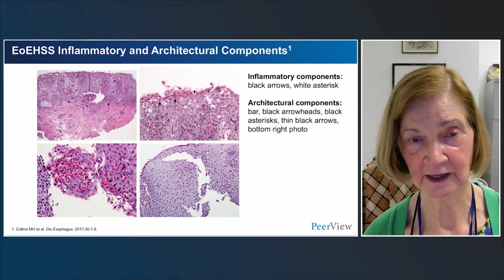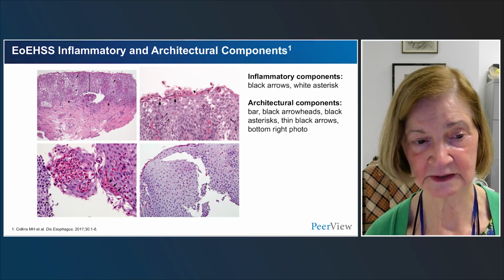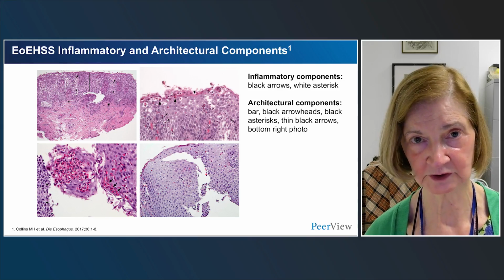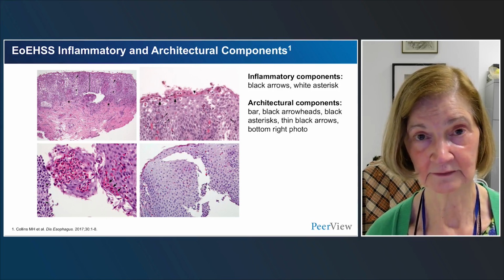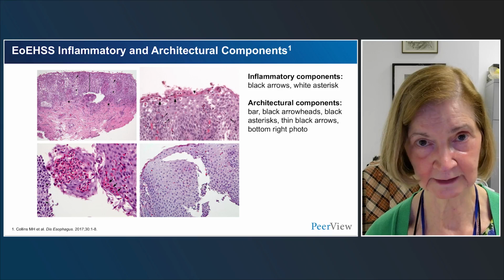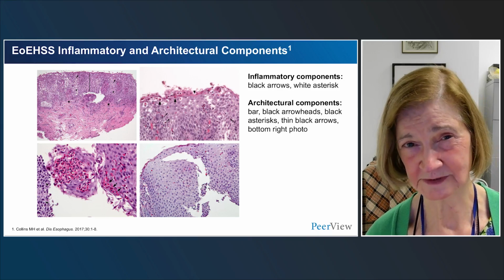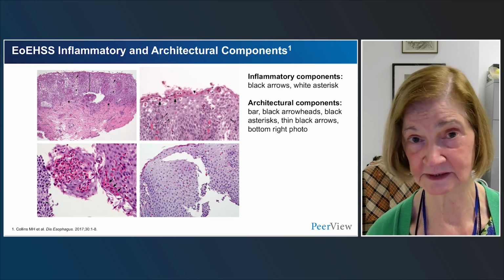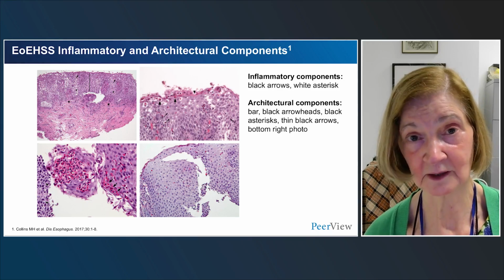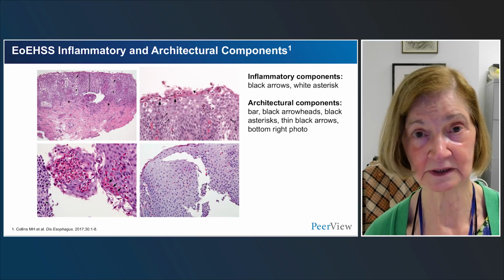So in the upper left, the bar is demarcating basal zone hyperplasia. That means a thickening of the epithelium in the esophageal inner lining. That's supposed to be 2 or 3 cell layers thick, and this bar is demarcating almost the entire depth of the epithelium occupied by that basal zone.